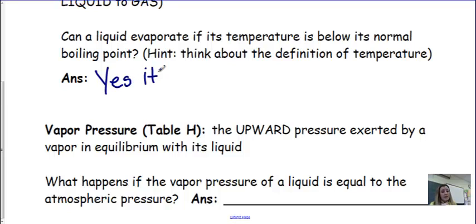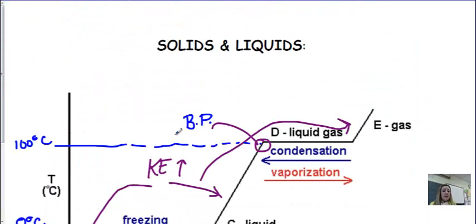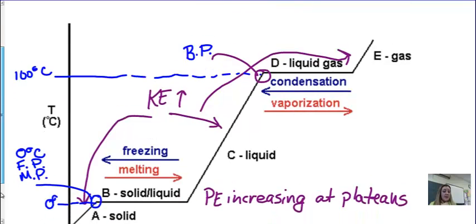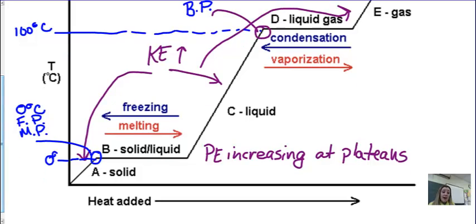This is because if we look at that phase diagram, and I'm going to scroll up a little bit to the previous page, what's happening here is a liquid and a gas. So here's your boiling point. It actually starts to turn to a gas right here. So evaporation can start to occur below the boiling point as long as you have enough kinetic energy.